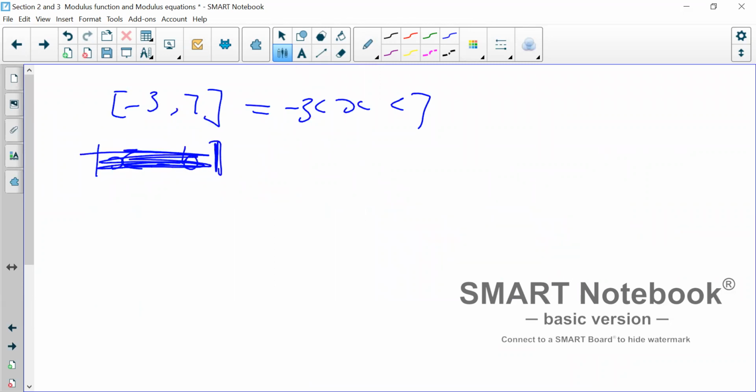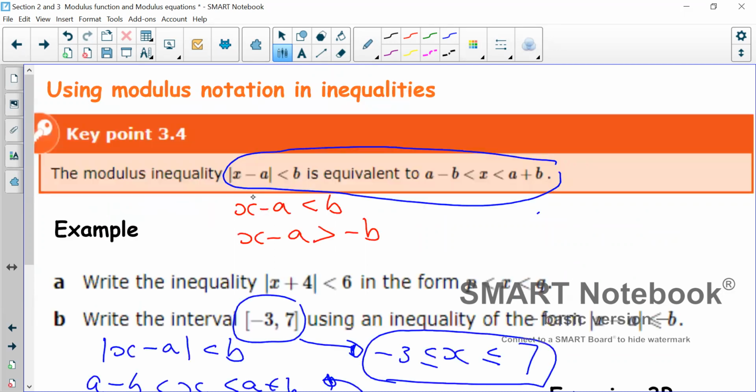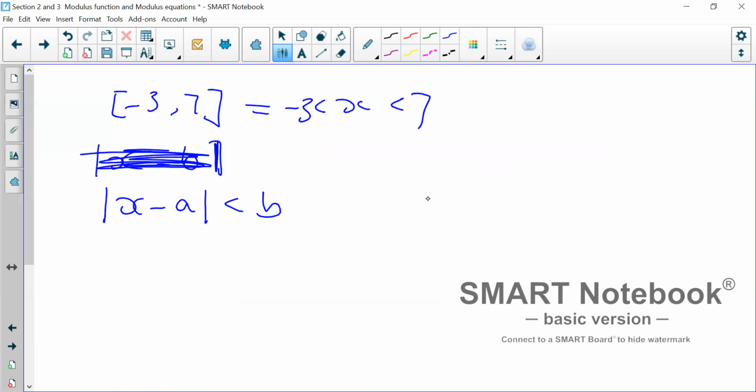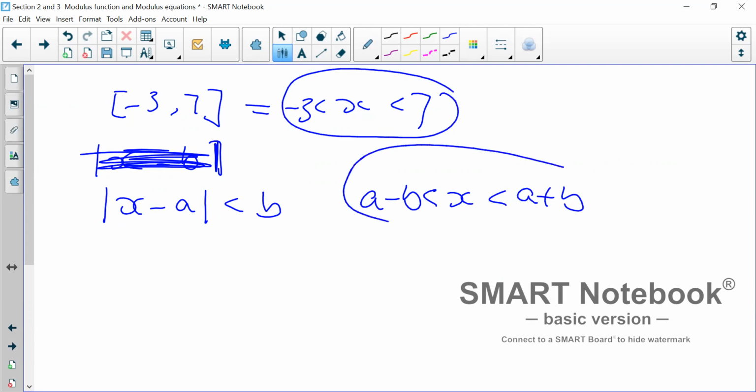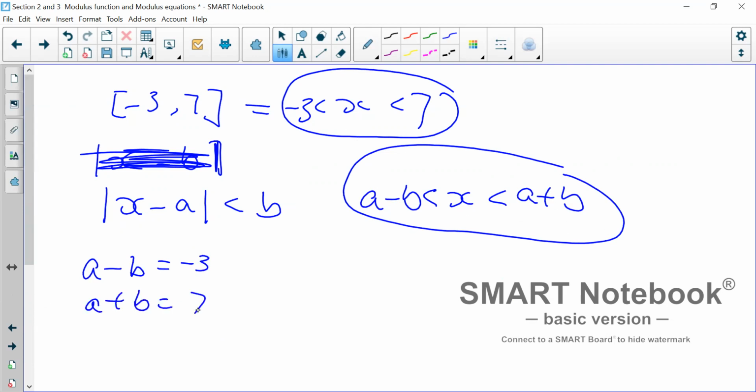So I have the modulus of x minus a less than or equal to b, and it's equivalent to x is greater than a minus b, and x has to be smaller than a plus b. So by comparing the inequality and what we have from the formula, I can straight away notice that the left-hand side, a minus b, must equal minus 3. The right-hand side, a plus b, must equal 7.